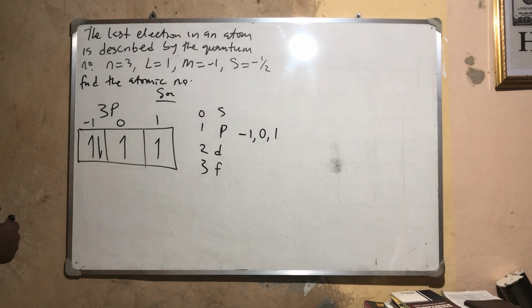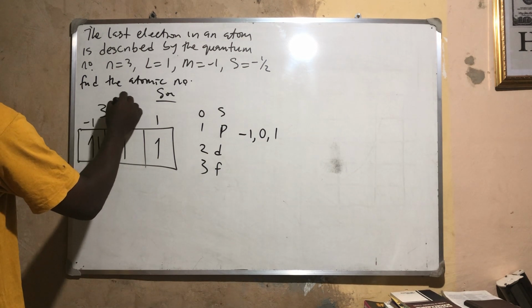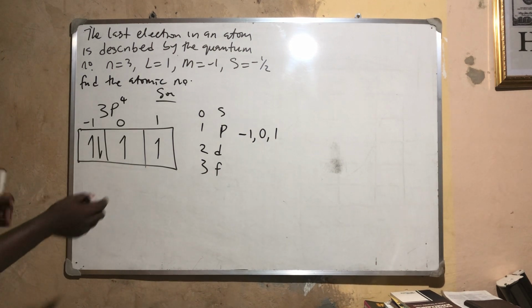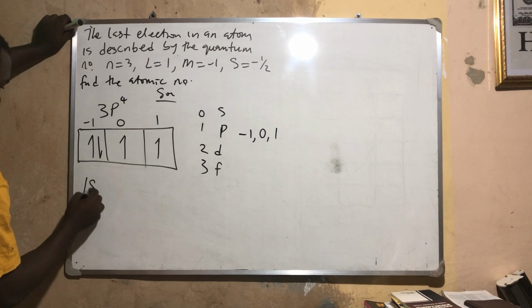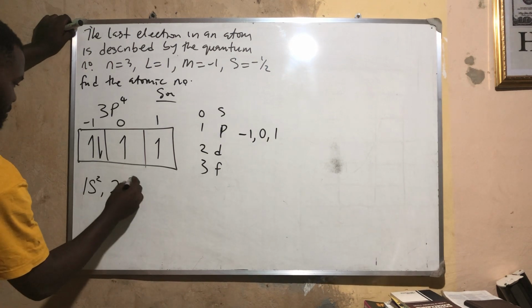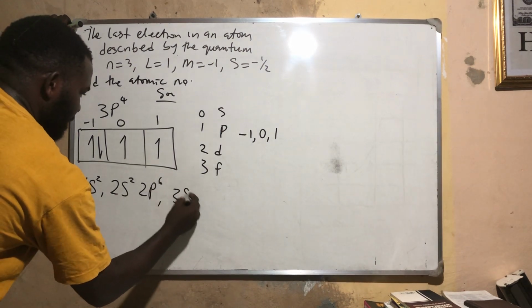Now, how many electrons do we have? 1, 2, 3, 4. So this is 3p4. Very simple. How do you write the electronic configuration of this atom? We start again: 1s2, 2s2, 2p6, you close, then 3s2.